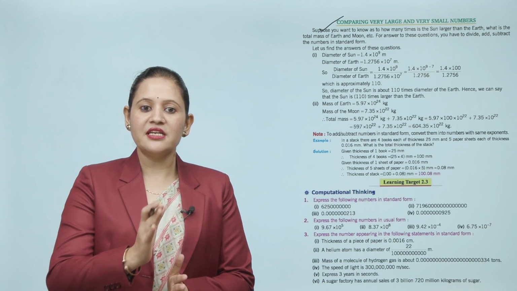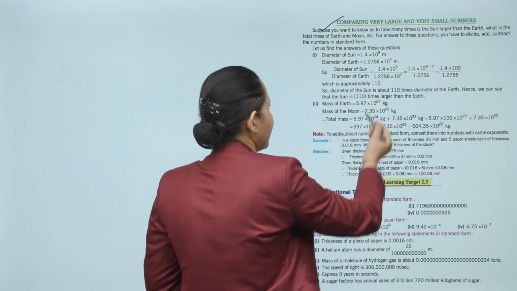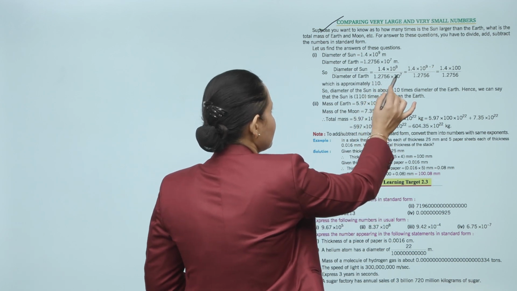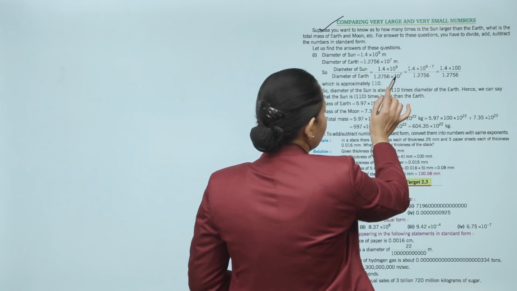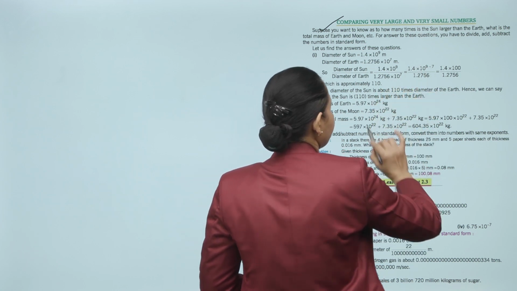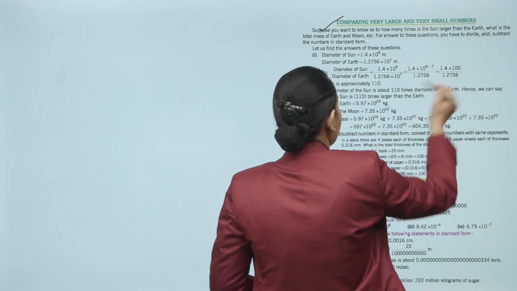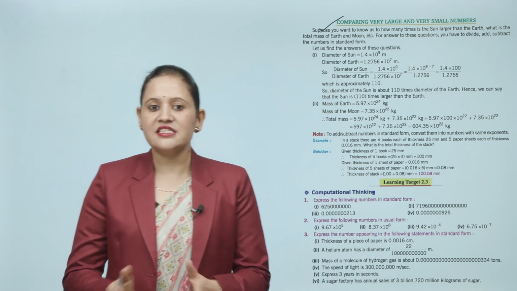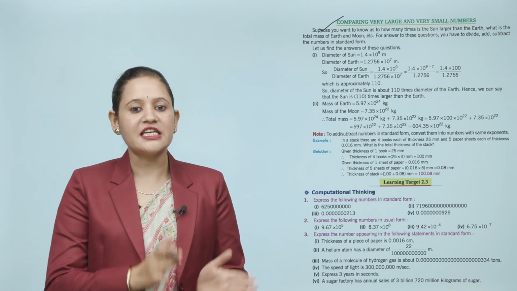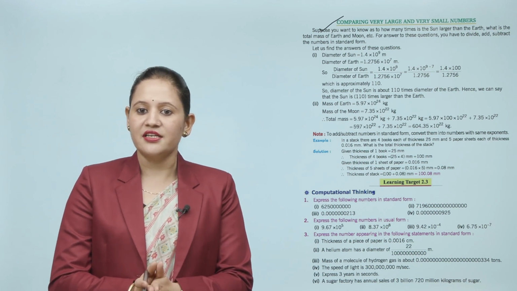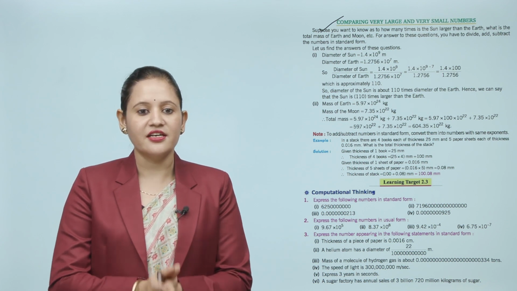So diameter of sun upon diameter of earth equals 1.4 into 10⁹ upon 1.2756 into 10⁷. So the exponents subtract, 10⁹⁻⁷, so 1.4 into 100 upon 1.2756, which is approximately 110. So diameter of sun is about 110 times diameter of the earth. Hence we can say that the sun is 110 times larger than the earth.